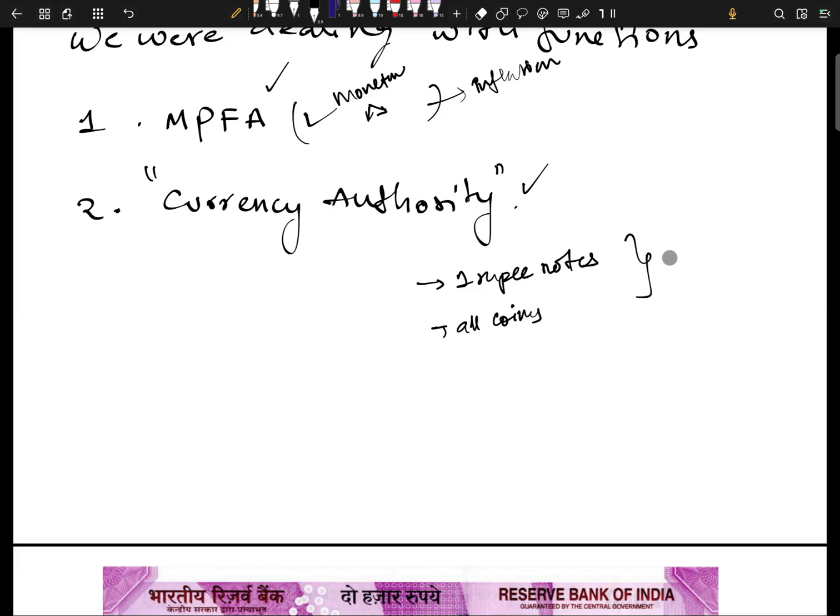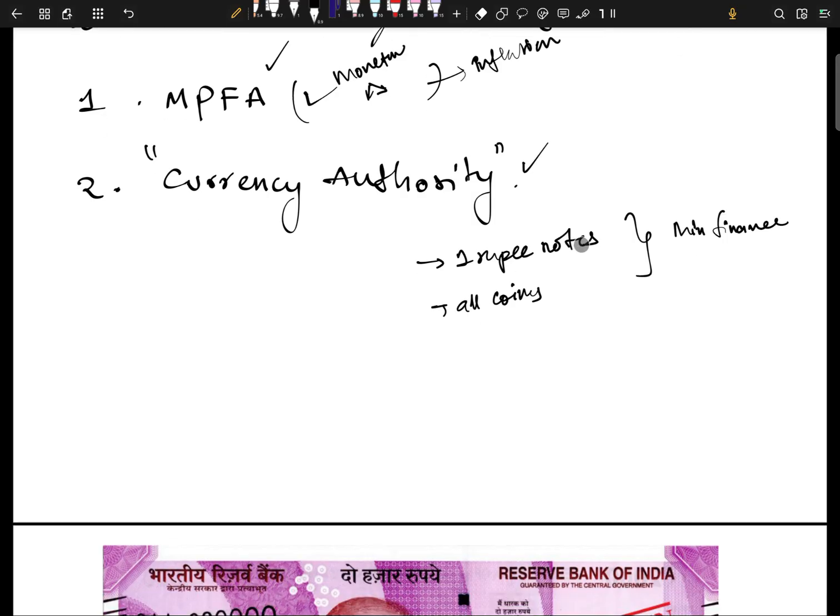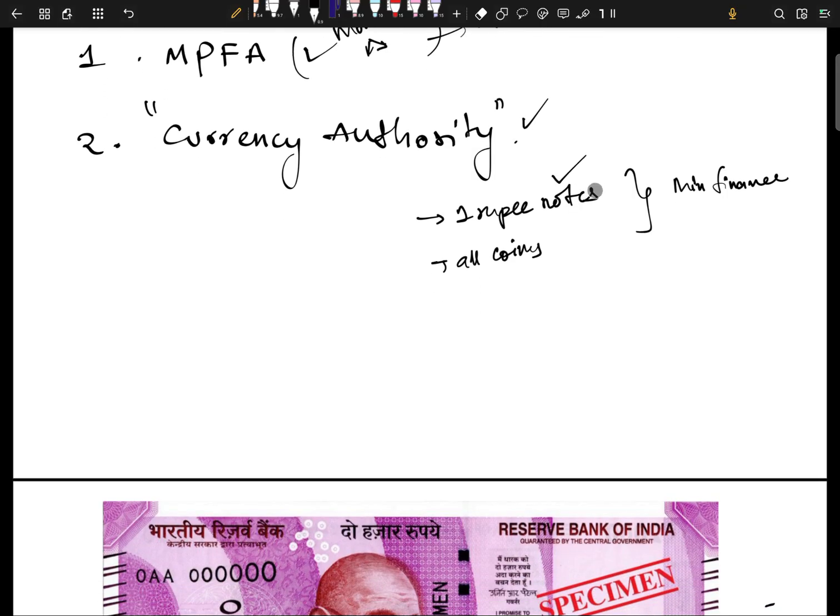These coins and 1 rupee notes are minted and printed by the Ministry of Finance, right? If we are making notes, we call it print. If we are making coins, we call it mint, right? So RBI is the currency authority, right?